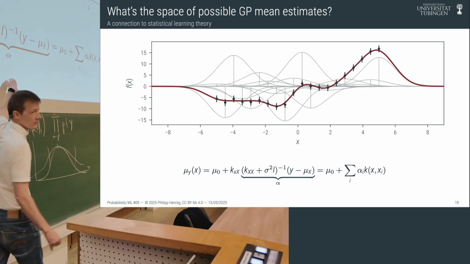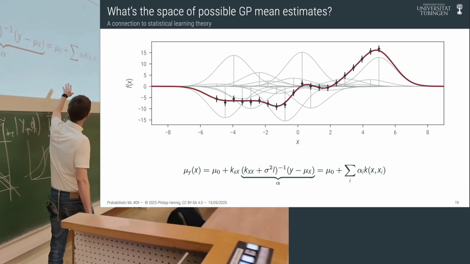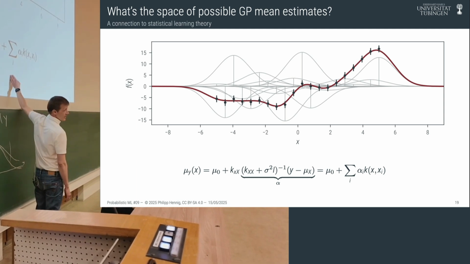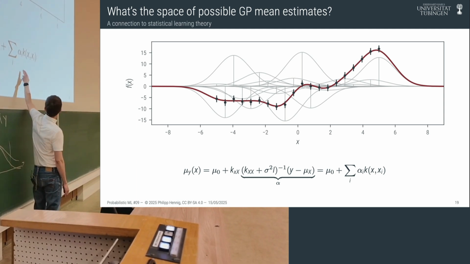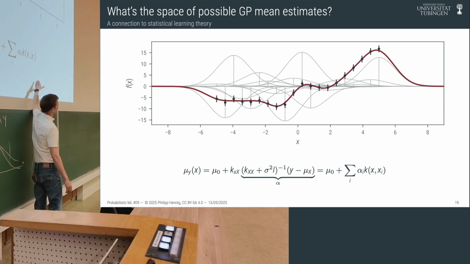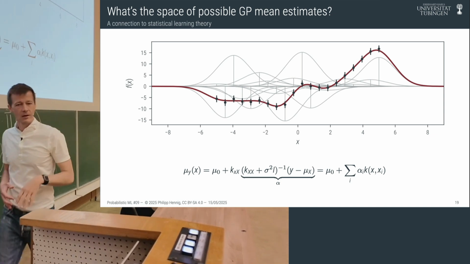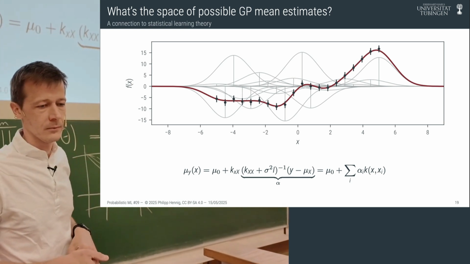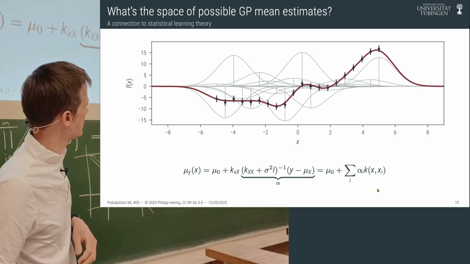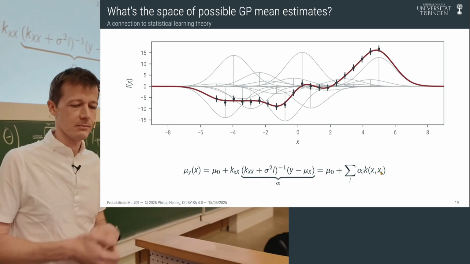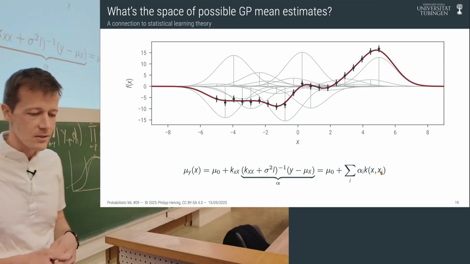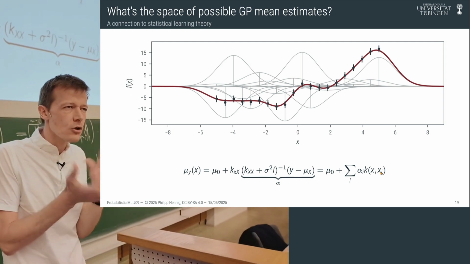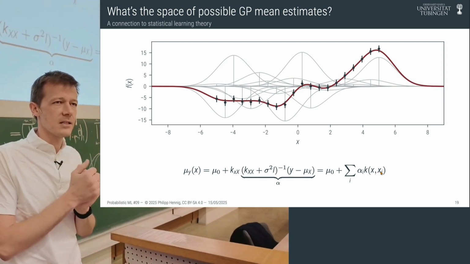Let's call it alpha. So what we've now seen is that we can write our posterior mean function as a finite sum over weights times a function of only one variable, namely this little x here. And on the right, that function is instantiated by the training points, xi. So now we can ask, what does this space look like that I can address in such a way?